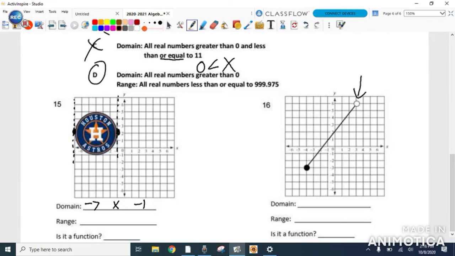So, let's see. My x values, if I look right here from -7, are going to do nothing but get bigger from that point. So that means my x values are bigger than -7. And I'm going to have an equal sign underneath. Now, it is the opposite for -1. All my points on the x-axis get smaller from -1.